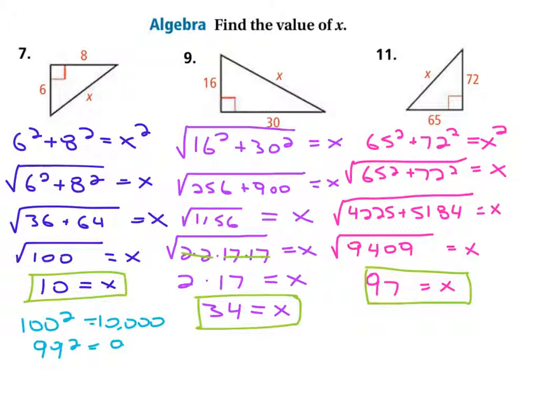If I did 98 times 98, I get 9,604. I don't know why I wrote that. Let me clarify that. That should be a 9, not a 2.